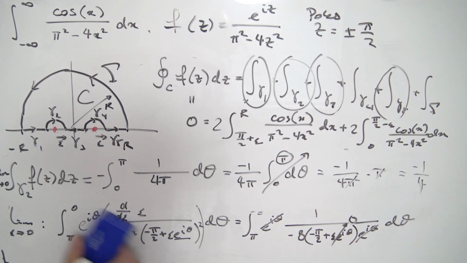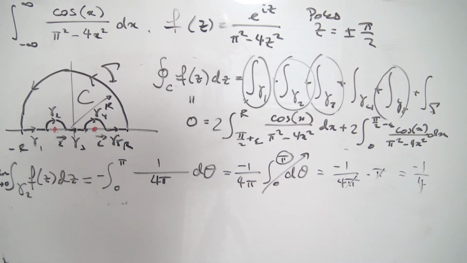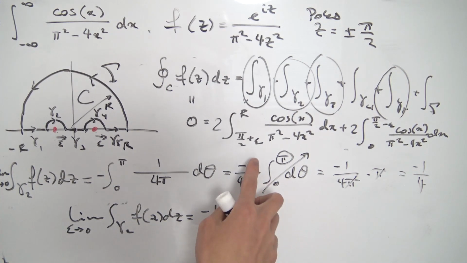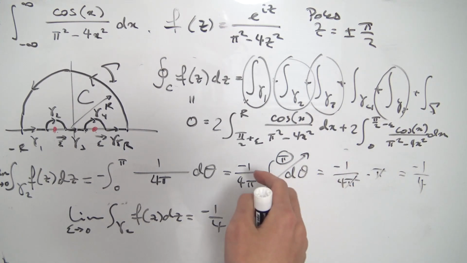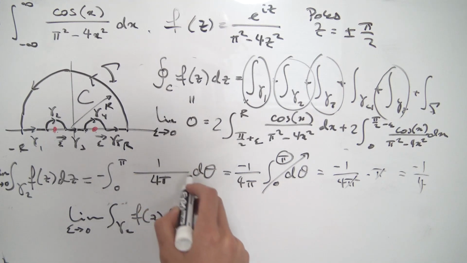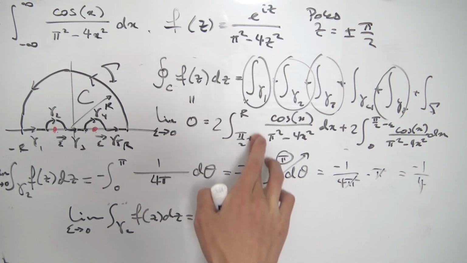But overall, we just found that if we take the limit as epsilon approaches 0 on the integral over gamma 2 of f of z dz, that's going to give us minus 1/4. And I guess I should just do the same for these two integrals as well. If we take the limit as our epsilon approaches 0 on this bottom line right here of working out, these are just going to disappear.